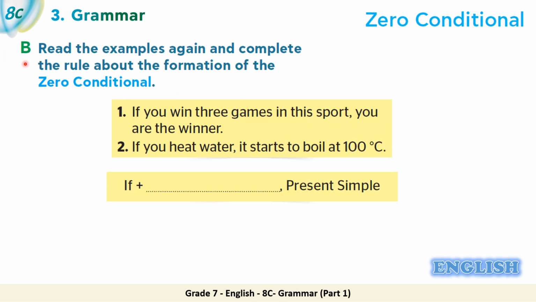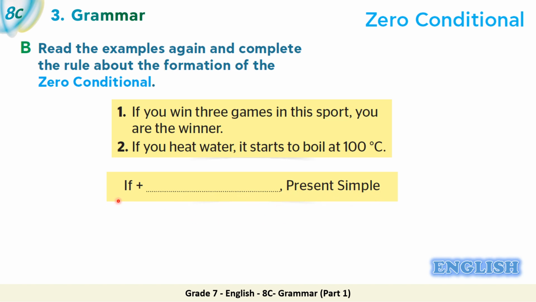Let's move to exercise B. Read the examples again and complete the rule about the formation of the zero conditional. Now we have the same sentences from exercise A. And we have the rule, if plus a tense, and the other part of the sentence in present simple.